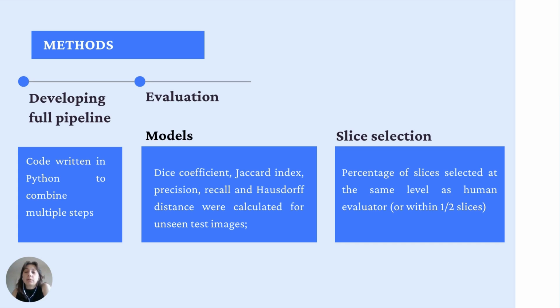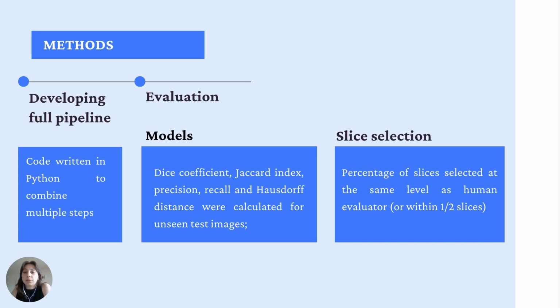To evaluate the accuracy of the pre-trained models, we used an unseen test dataset and compared the ground truth image with the predicted segmentation, using overlap measures such as dice coefficient and Jaccard index. We have also looked at precision and recall and assessed Hausdorff distance, which is the greatest of all distances between a point in one set and any point in another set, and is often used to evaluate segmentation accuracy as well as the overlap measures.